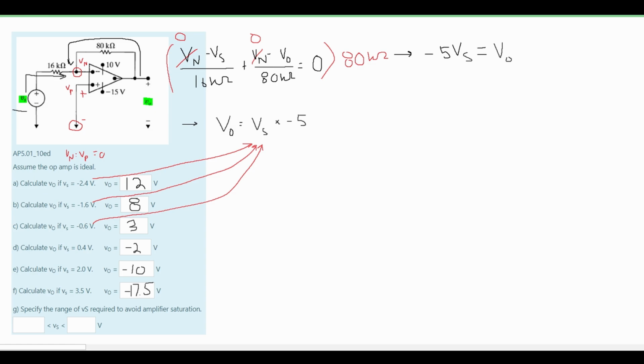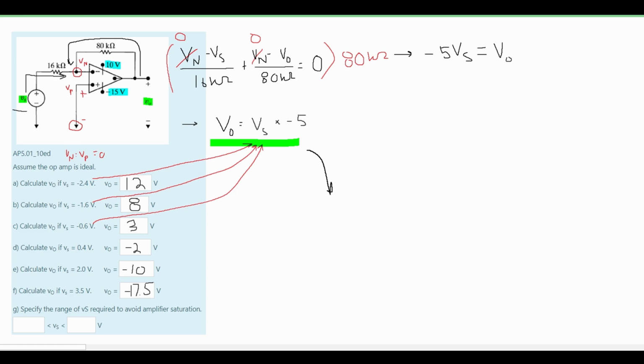Next, we need to specify the range of Vs required to avoid amplifier saturation. We are going to use the same formula right here. We're just going to bring it down, and instead of plugging in Vs, we will be plugging in our V0. We know that this node and this node are the maximum and the minimum voltage that this could be.